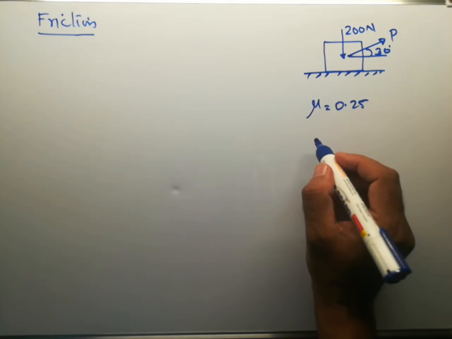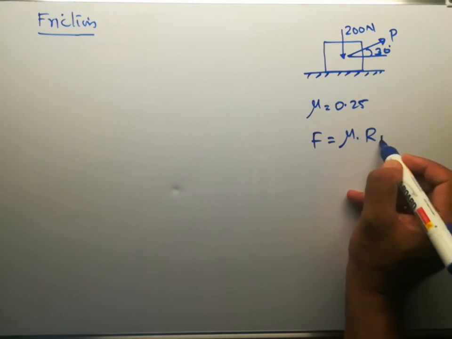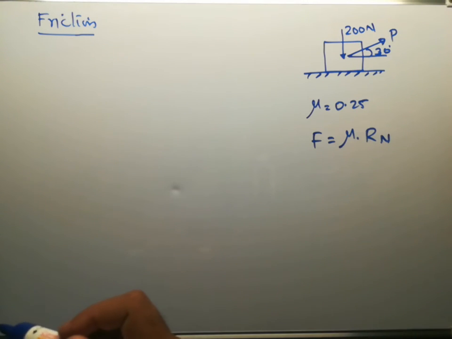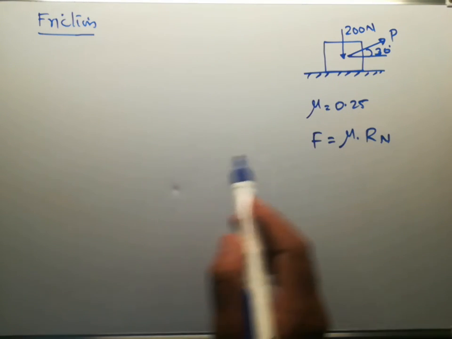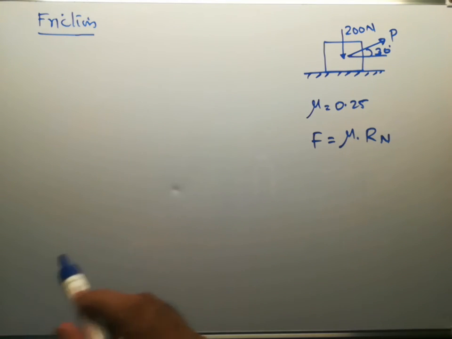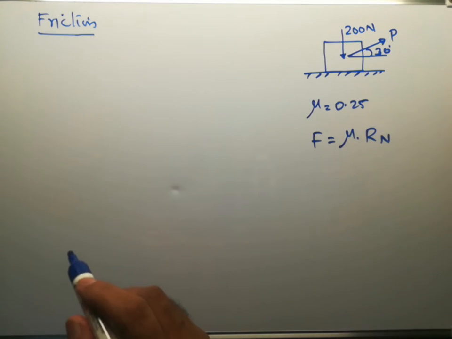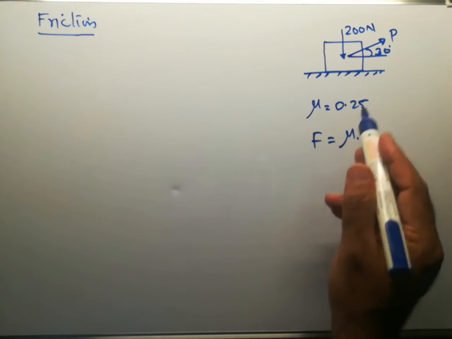So we know the equation for limiting friction F is equal to mu into Rn, where Rn is the normal reaction between the contact surface in the vertical direction, F is the limiting friction, and mu is the coefficient of friction. Now here mu is given, Rn can be found out using the equilibrium equation in the vertical direction, and we can find out the value of P.